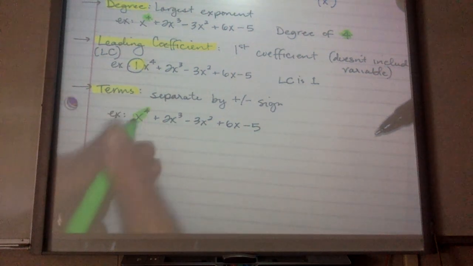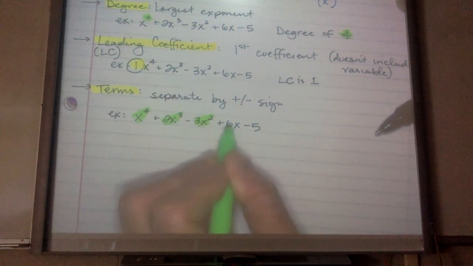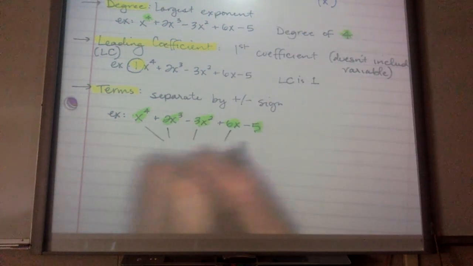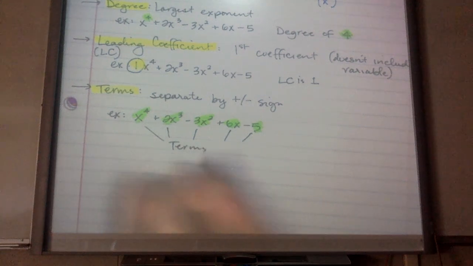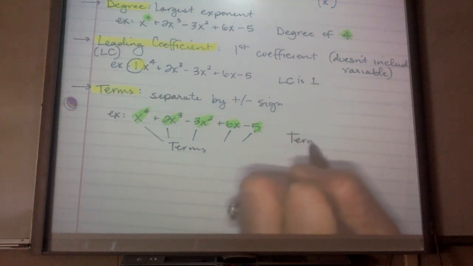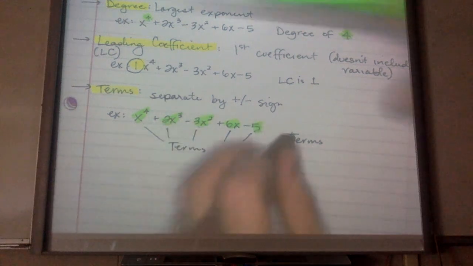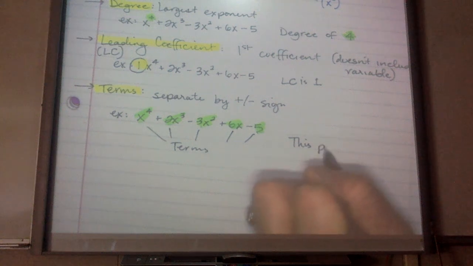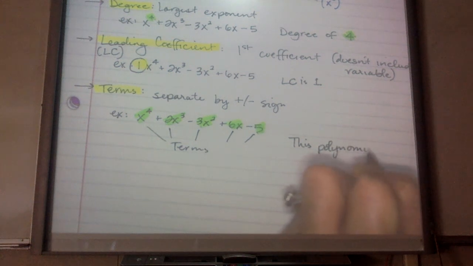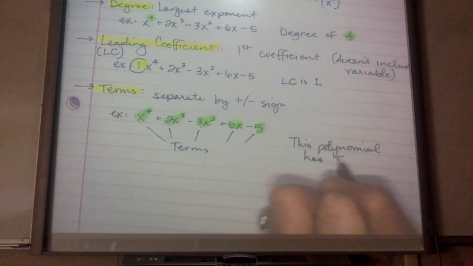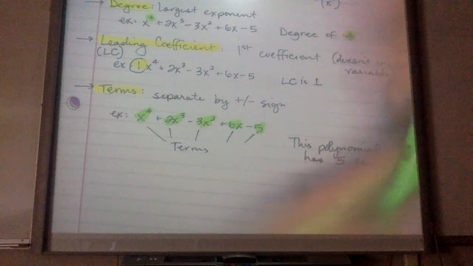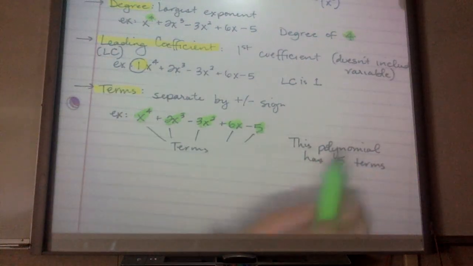Your terms should be what's in between. So these are your terms. And if I count them up, this polynomial has 5 terms, okay? Because I counted them up. 1, 2, 3, 4, 5. So it has 5 terms.